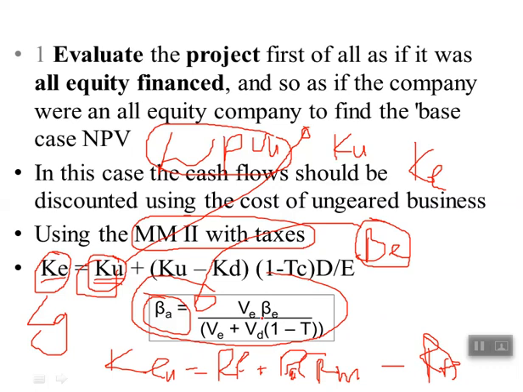But if you are given an equity beta and you have the risk-free rate and the market return, then you need to adjust to get the asset beta and then apply it in the capital asset pricing model to determine the cost of equity of a business that is not geared.